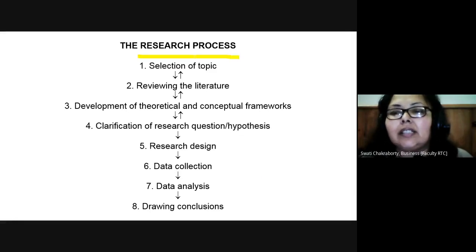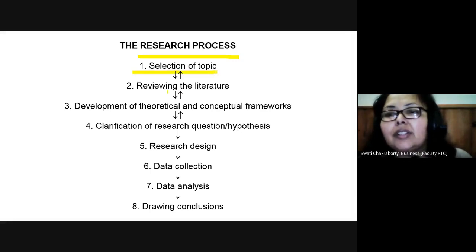Now, these are the 8 steps that we have. First, we need to select the topic, the research problem, and based on that we start doing a literature review, and then we develop the theoretical and conceptual frameworks, and then we come up with the clarification of the research question.